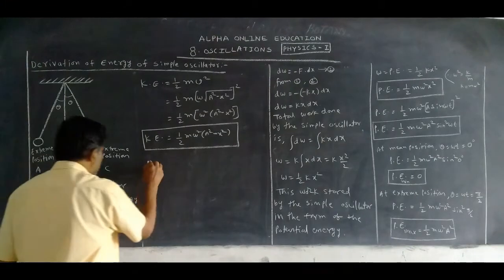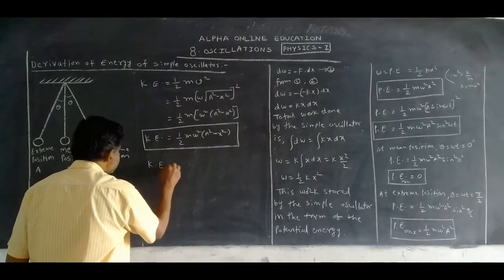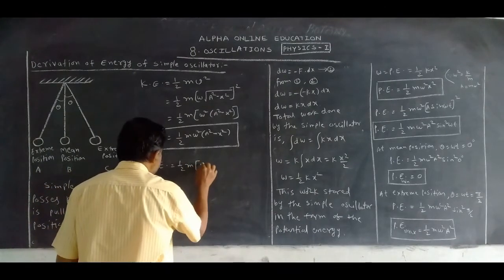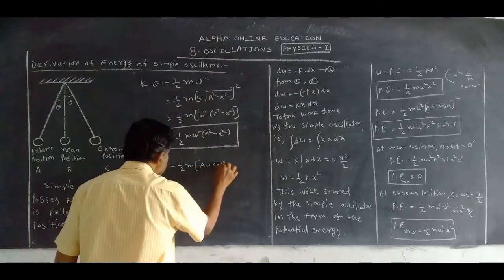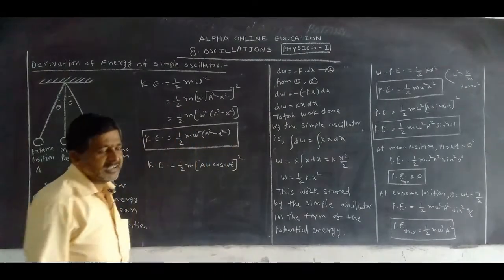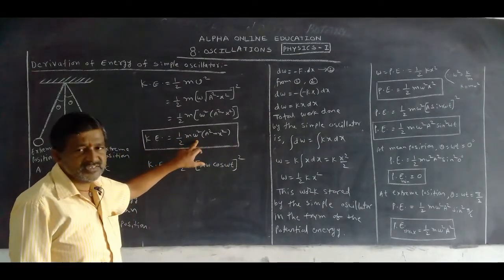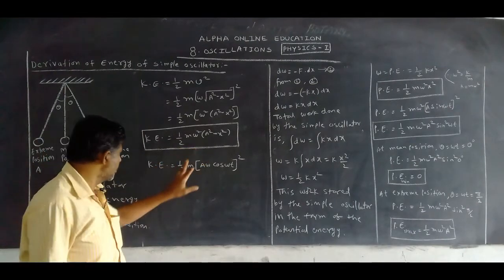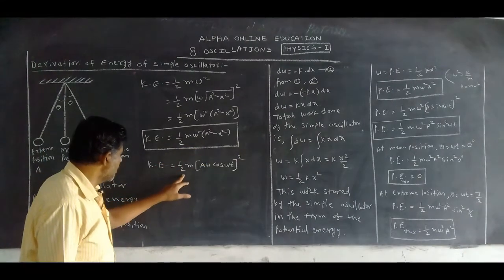Now you take the harmonic function. Half m. What about v? a omega cos omega t. With harmonic function, kinetic energy is half m v square.